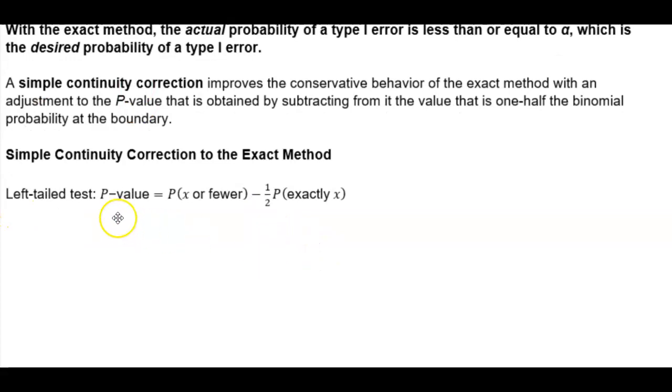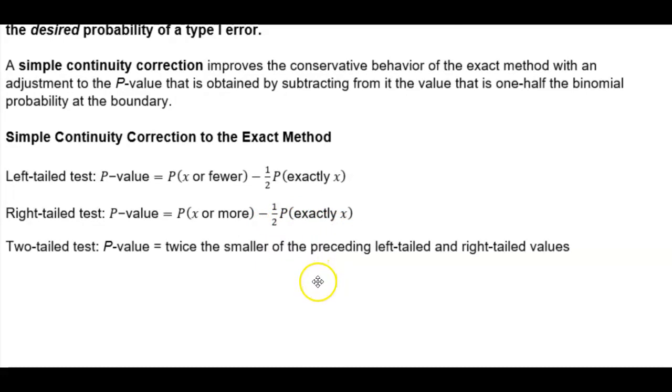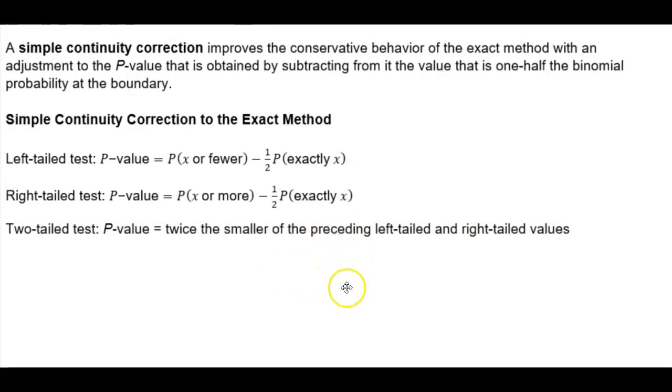For the left-tailed test, the p-value is equal to P(x or fewer) minus 1/2 times P(exactly x). In the right-tailed test, the p-value is P(x or more) minus 1/2 times P(exactly x). And the two-tailed p-value is twice the smaller of the preceding left-tailed and right-tailed values.